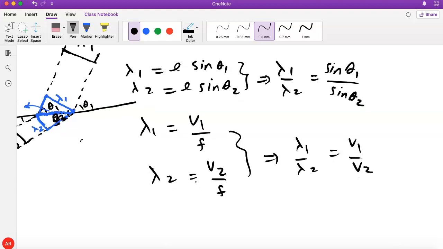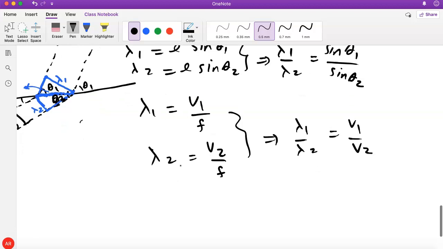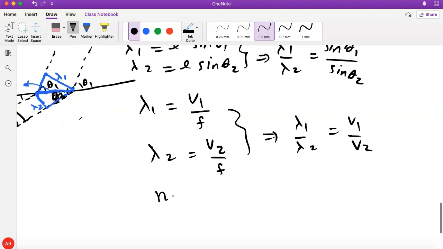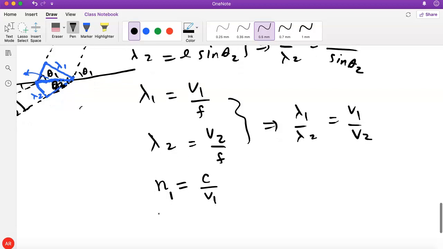And the ratio of the speeds we can relate to the ratio of the indices of refraction. Remember, n, the index of refraction, was defined as the ratio of the speed of light in vacuum divided by the speed of light in some material. So we can write it for both of these materials. And these two give me v1 over v2 is equal to n2 over n1.